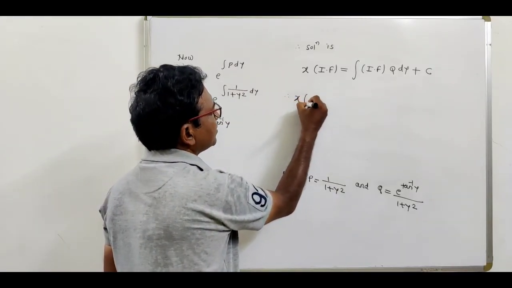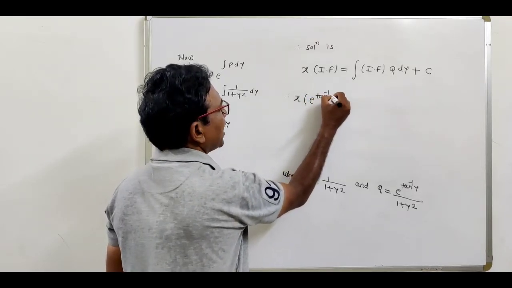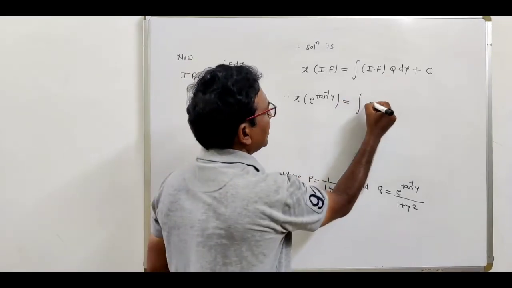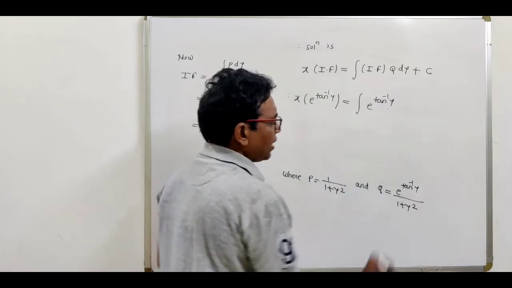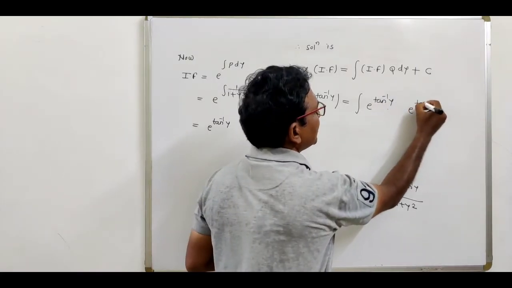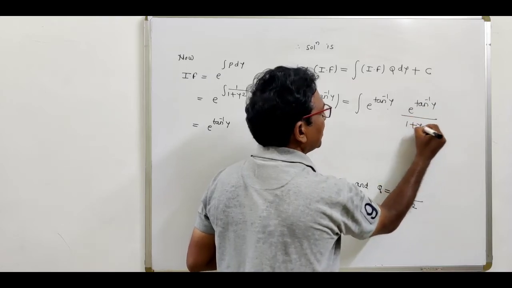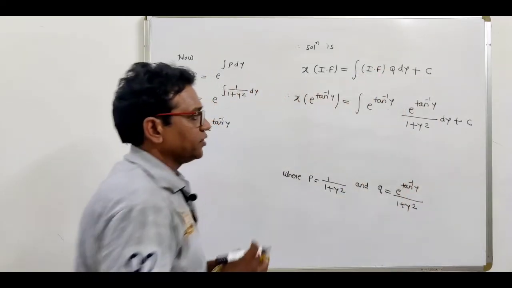So this is x. What is the integrating factor? e raised to tan inverse y. And what is q? Q means e raised to tan inverse y divided by 1 plus y square dy, plus constant of integration.